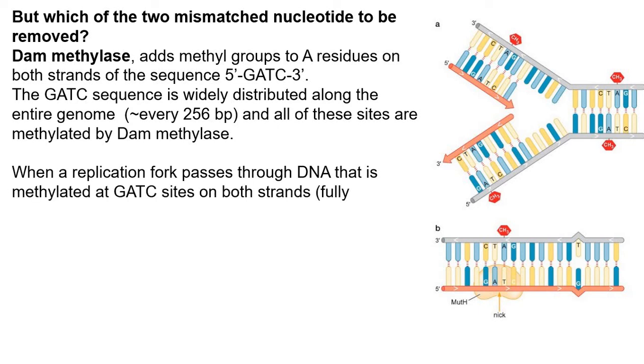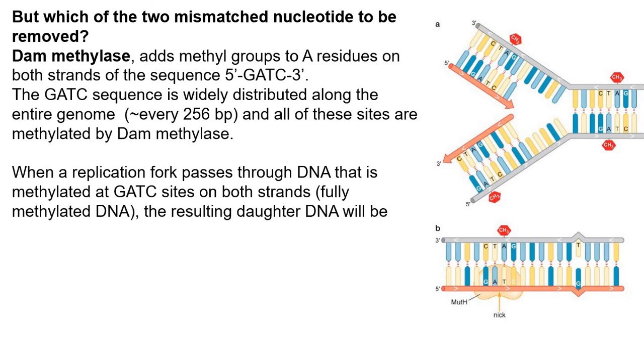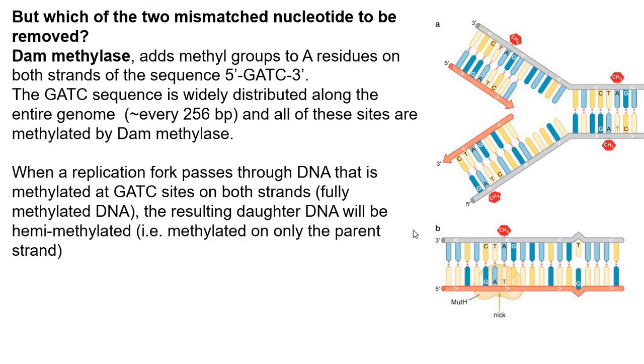So when a replication fork passes through DNA which is fully methylated at GATC on both strands, the resulting daughter DNA will be hemimethylated, which means the daughter strand is not methylated at this point. So this is the replication fork, right? The parental DNA is methylated on both strands, but this parental DNA opens and the daughter strand is forming here.